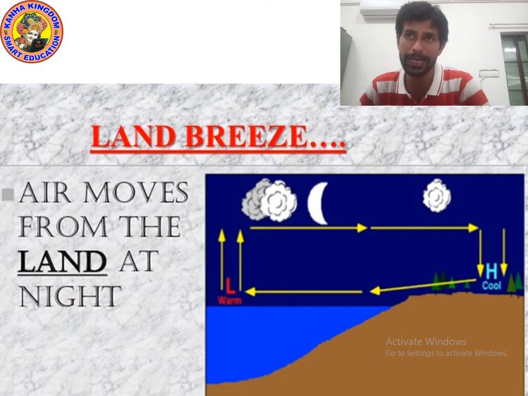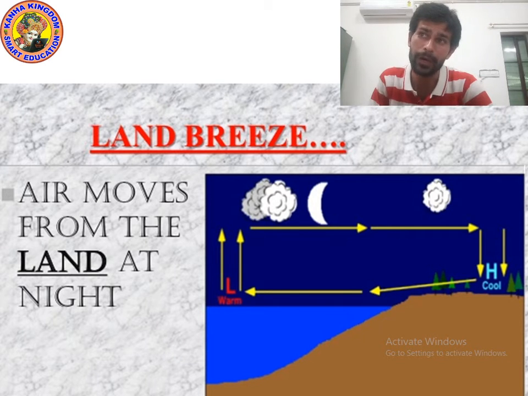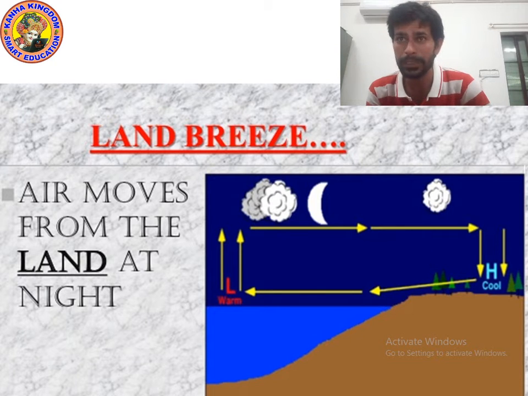So during night, the desert area is very cool compared to during the day. Why? The reason is the same, because the cold air transfers from land to sea and warm air transfers from sea to land.